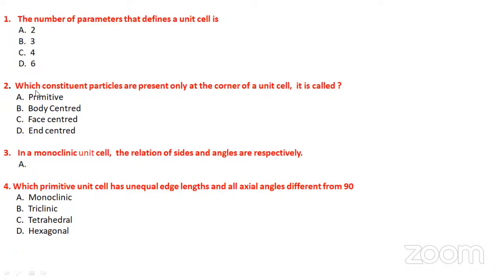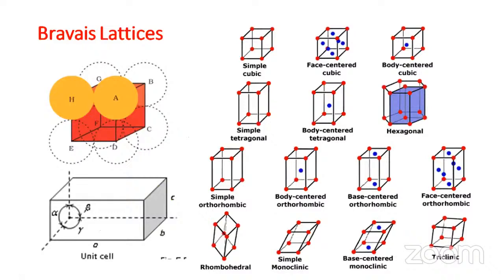Okay. Now coming to the second question, which constituent particles are present only at the corners of the unit cell? You can see here, this is a crystal system. See here, all the particles are present only at the corner.